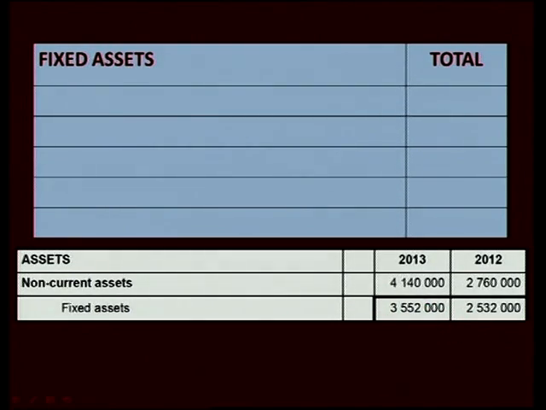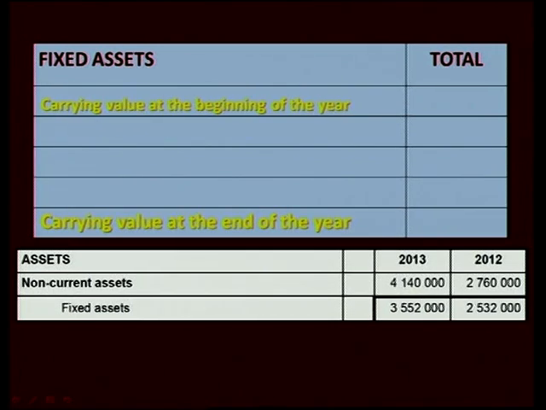Now remember, in your fixed asset note, in the total column, those amounts would sit there. At the top here, you would have cost price minus accumulated depreciation gives me carrying value, and at the bottom you would have cost price minus accumulated depreciation gives me carrying value. So those two lines are items provided to you, and you can fill that in.